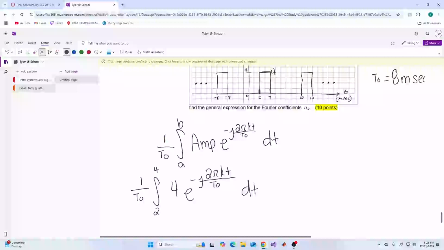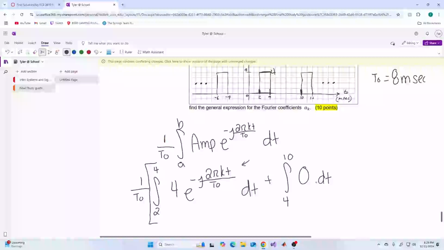We also have, plus, then we have from 4 to 10. So we have the integral from 4 to 10. Our amplitude is 0 dt, because you're going to have e to the negative j 2 pi kt all over t0.